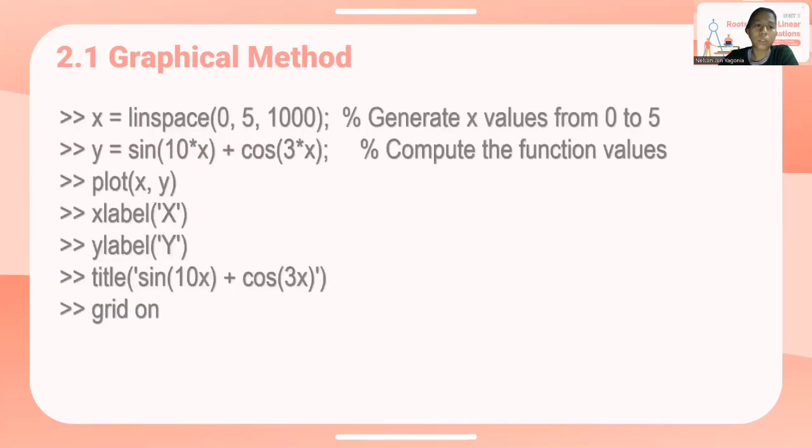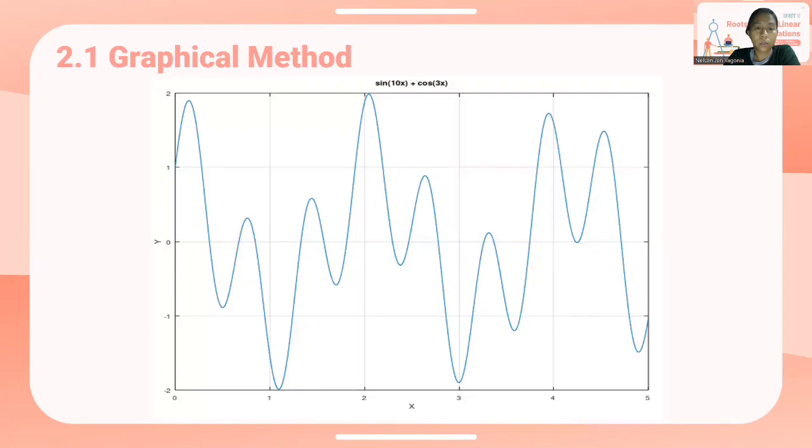So we use GNU Octave and we use this command. Then we arrive at this graph of the function f(x) = sin 10x + cos 3x. The range is from 0 to 5.